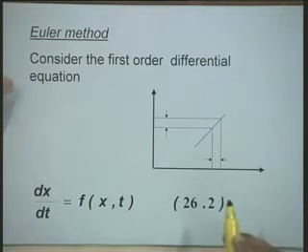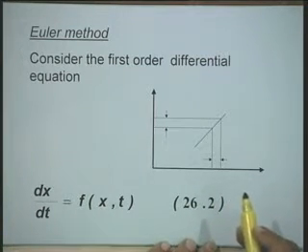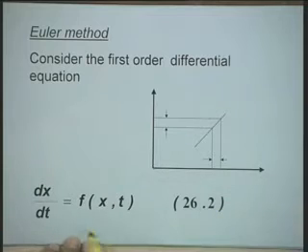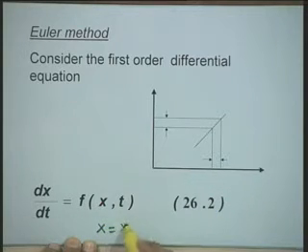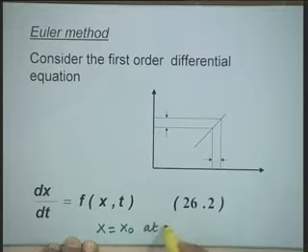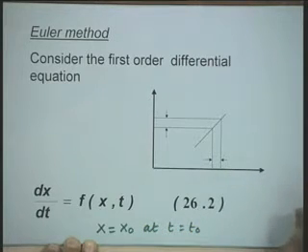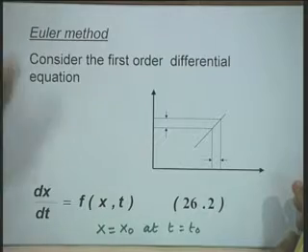Now, to solve this, what we know initially is that x equal to x naught at t equal to t naught. This is the initial condition which is given to us.